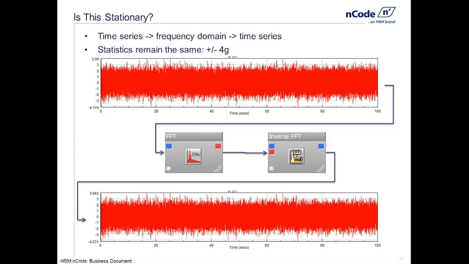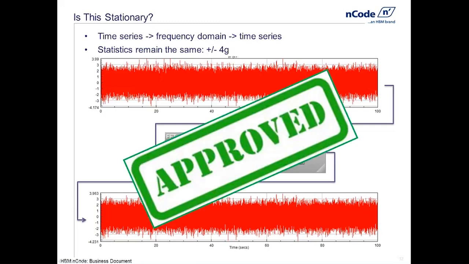You can see the peaks here are roughly plus or minus 4 Gs. Since we had random stationary data to begin with, the FFT truly captures that information and would be useful for our vibration fatigue calculation. Therefore, we call this vibration approved.